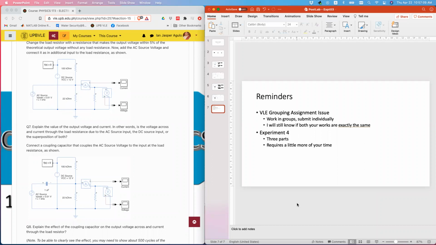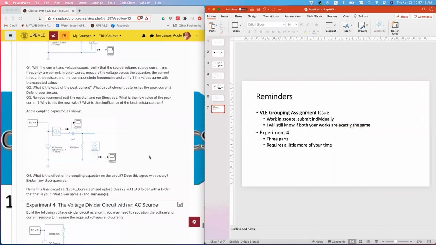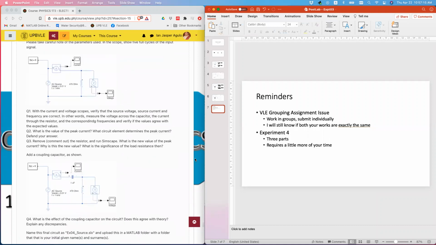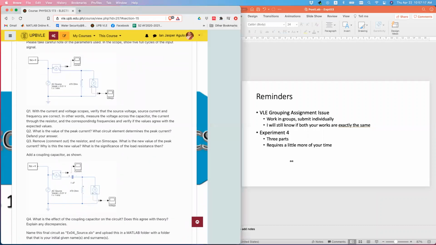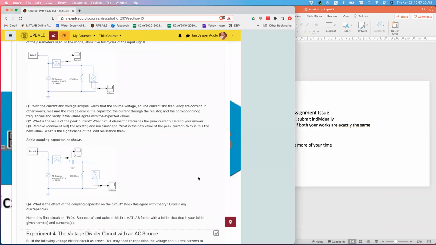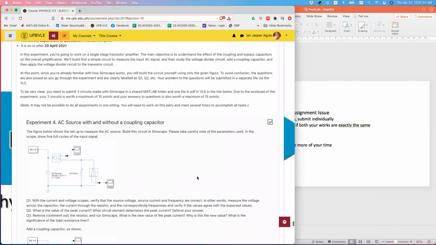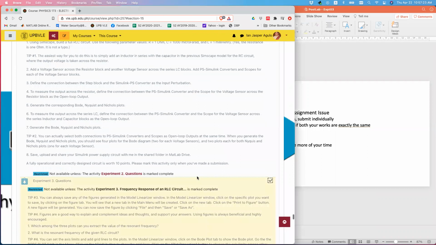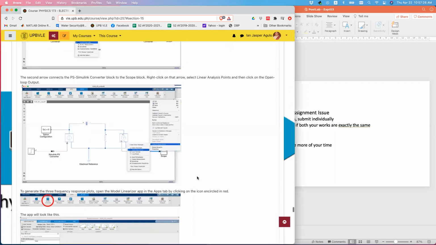Na leak from the capacitor. So meron kang series resistance dun sa capacitor. Meron ka ring parallel conductance mula dun sa inductor.